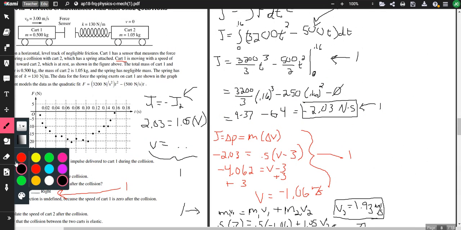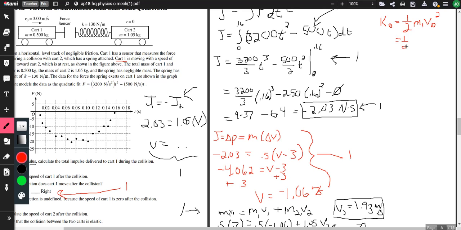So what they want me to do is find the initial kinetic energy, which is just 1/2 object 1 times its speed. If I plug the numbers in, I get 1/2 of 0.5 times 3 squared. This just ends up being 2.25.